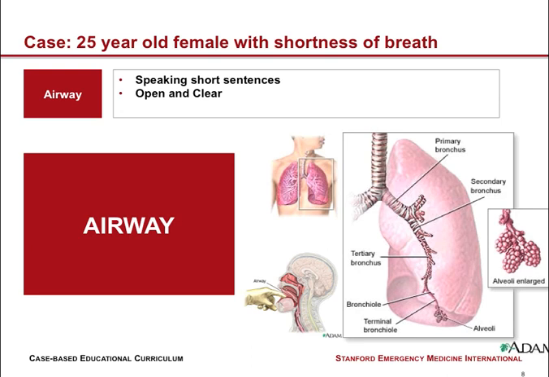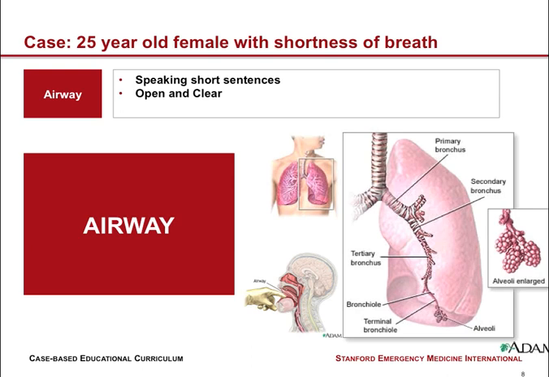When I'm talking about airway, this is the portion where we look for any obstruction. We want to make sure that they're able to speak and to move air, and open up their mouth, making sure that it's open and clear, and that they're able to make noise and to speak. So if they have an open airway, they're able to make sound and you can hear them breathing, is that right?